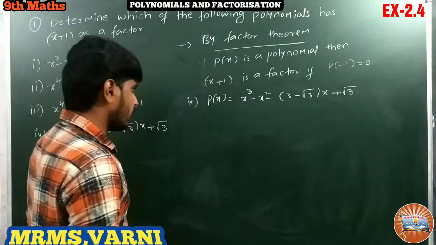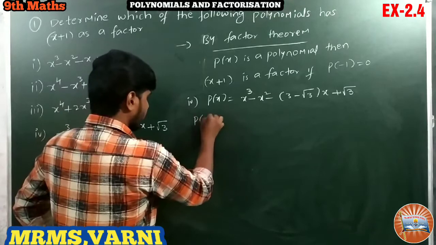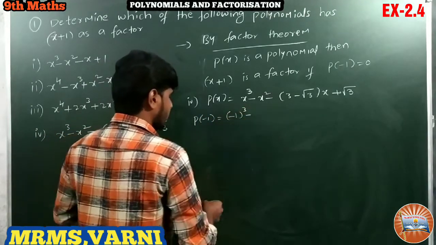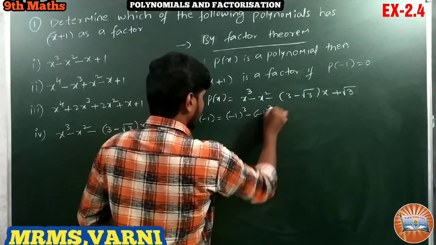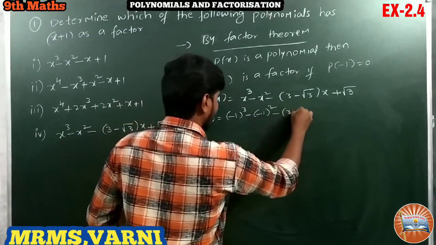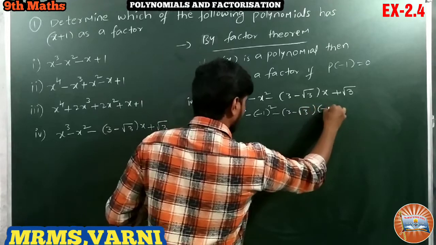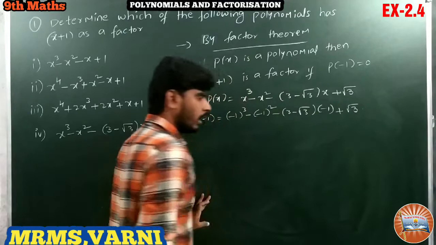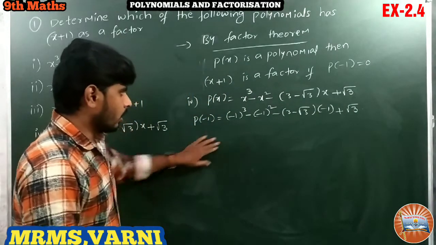Okay, right. So we have to take p of minus 1: minus 1 whole cube minus of minus 1 whole square minus 3 minus root 3 into minus 1 plus root 3. Okay, is it clear? Yes.